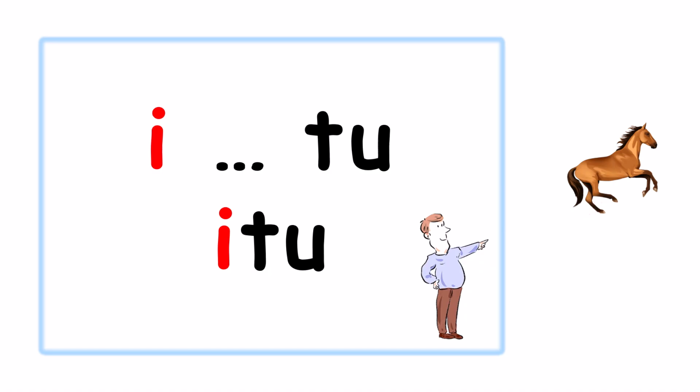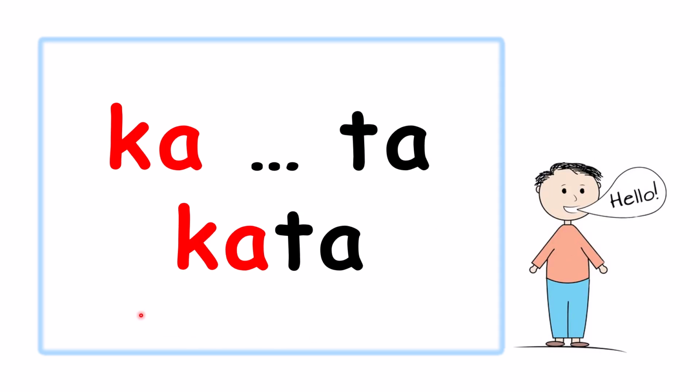Itu kuda. Here we have ka, and this is ta. Put them together. Ka, ta. Kata means say.